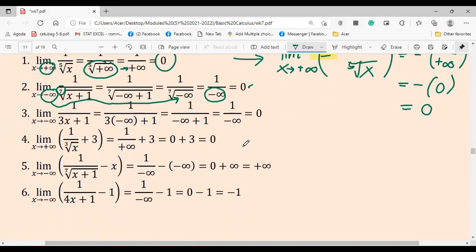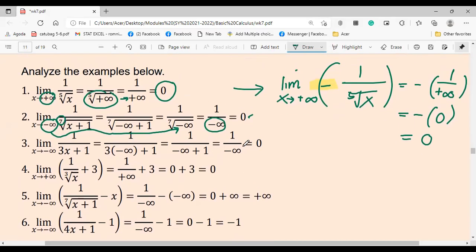So, number 3, number 4. Okay, number 3 does the same, 0 pa rin. Pero itong number 4 class, dito kayo maging conscious. Dahil ang 1 over infinity ay magiging 0, ibig sabihin, mare-retain ang constant. Magpapakita si constant.